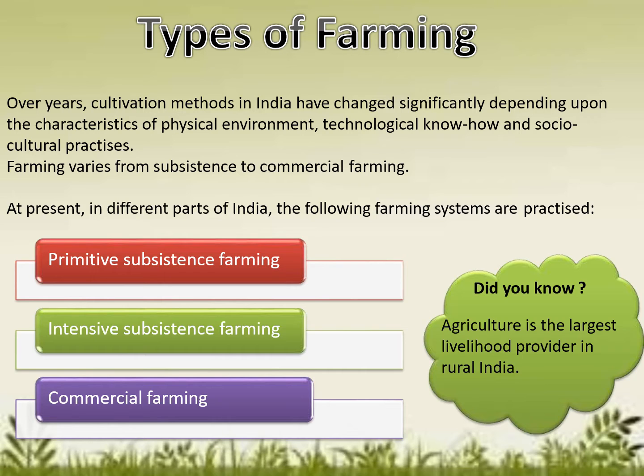So just as I told you in the very first screen, did you know agriculture is the largest livelihood provider in rural India? Why only rural India? It is also the largest livelihood provider in urban India right now. Agriculture and its allied activities. If we are wearing clothes, they are made from the cotton produced in the field.